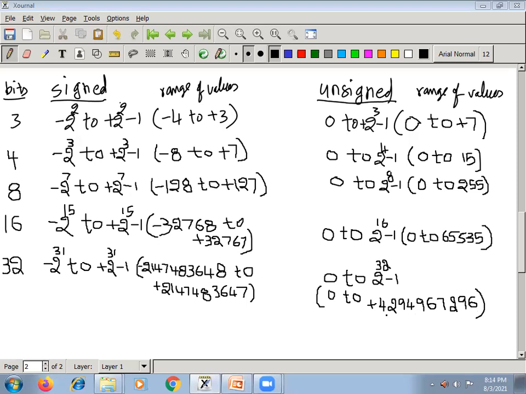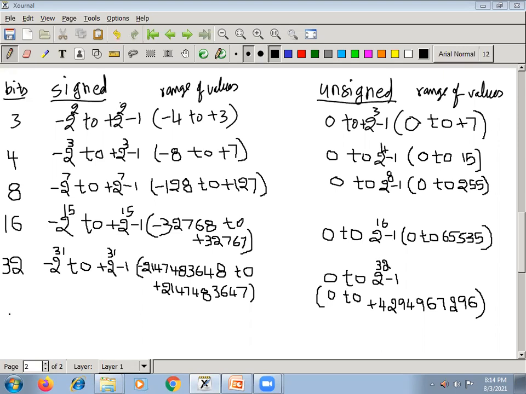If you practice every day, you can remember these ranges of values. Once you remember the 2 power 31 value, you can double that to get the 2 power 32 value, and if you double this, you can get the next values. If I have 32 bits, these are the ranges of values.